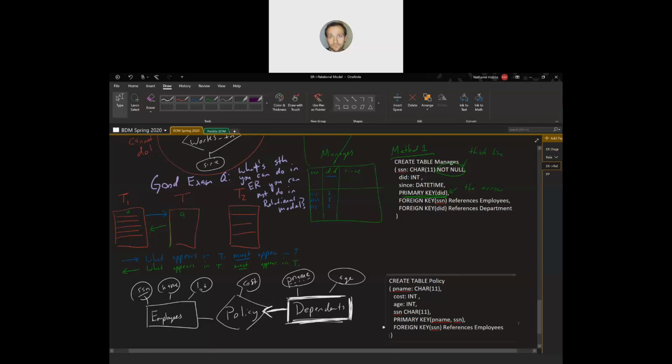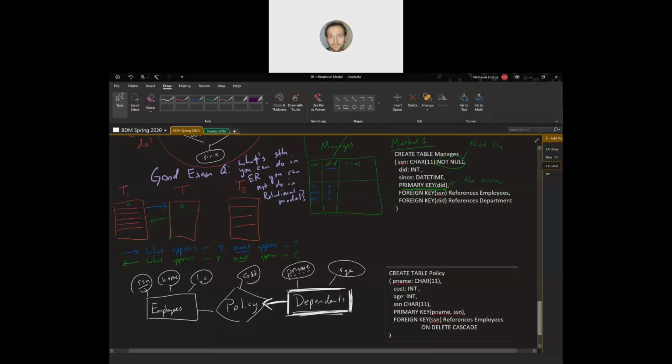Why is that going small? Let me make this look a little better. Okay.